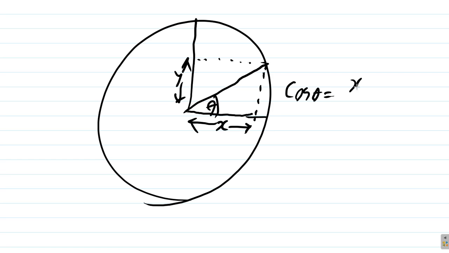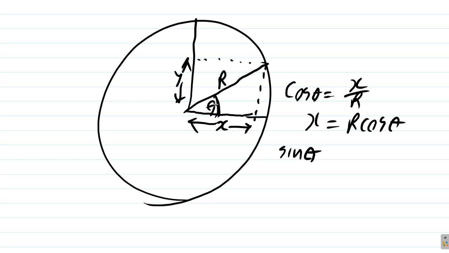Cos theta is adjacent x over the hypotenuse, which is r. So when you transpose, you get x equal r cos theta. And then the sine of theta is going to be the opposite, which is y over the hypotenuse r. So when you transpose for y, you get y is equal to r sine theta, right?